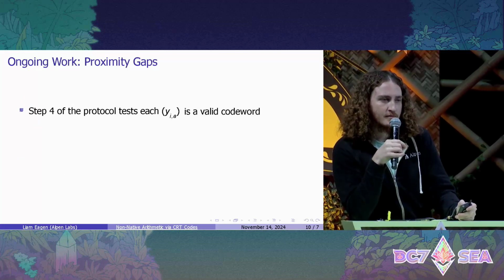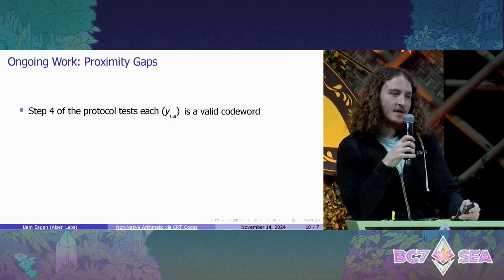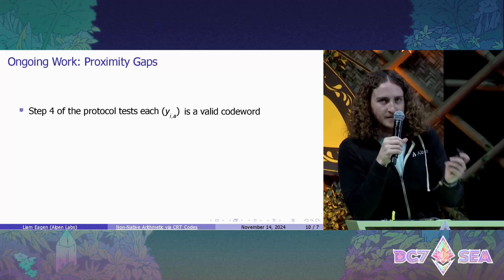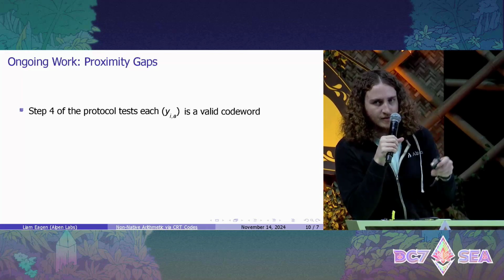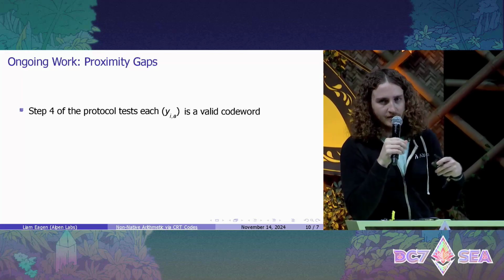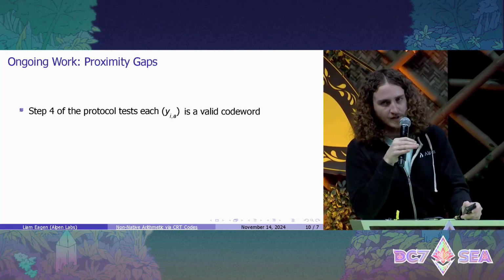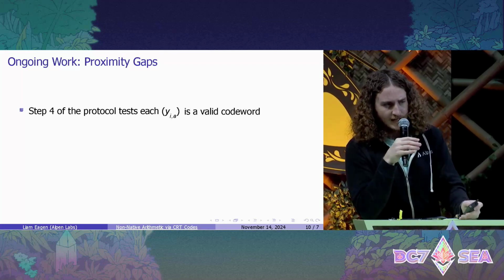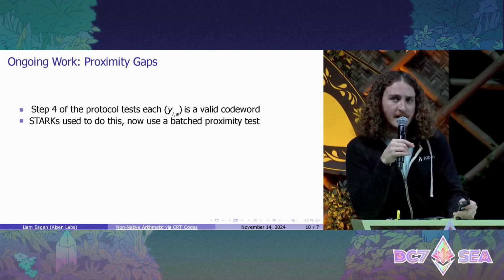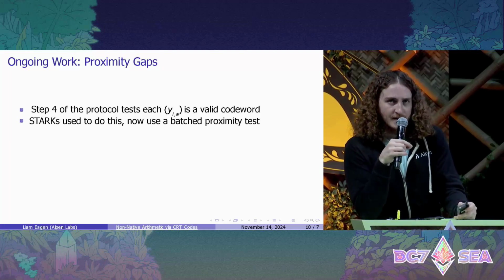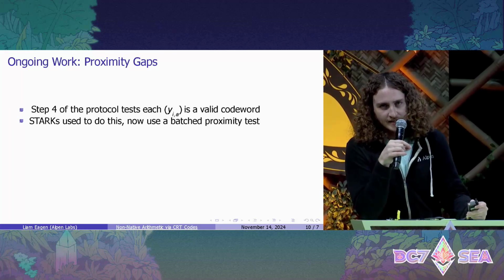Okay, so this is the interesting stuff. As described in the previous protocol, we're testing each encoding of x is close to a small integer directly. You're just taking your set of residues and checking that it is close to a small integer, or an integer within the right bound. This used to be how FRI-based proofs did things, but it turns out that there's a much more efficient batched proximity test.